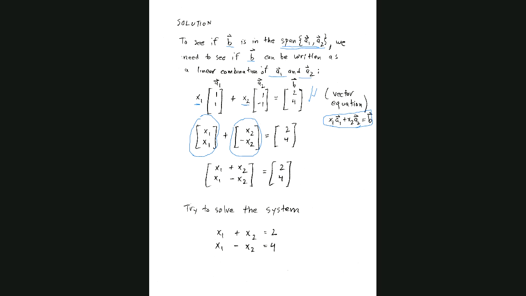All right, so what are the dimensions on these vectors, by the way? How many rows, how many columns?